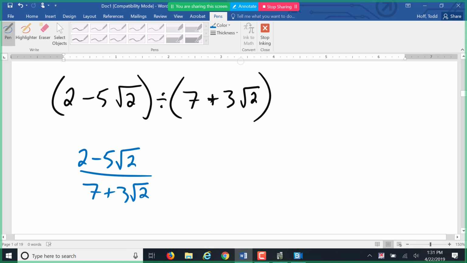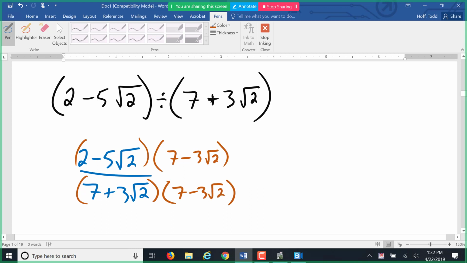What are we going to multiply both the numerator and denominator by? 7 minus 3 root 2. Very good. On top, we'll multiply this out. 2 times 7 is 14. 2 times negative 3 root 2 is negative 6 root 2.